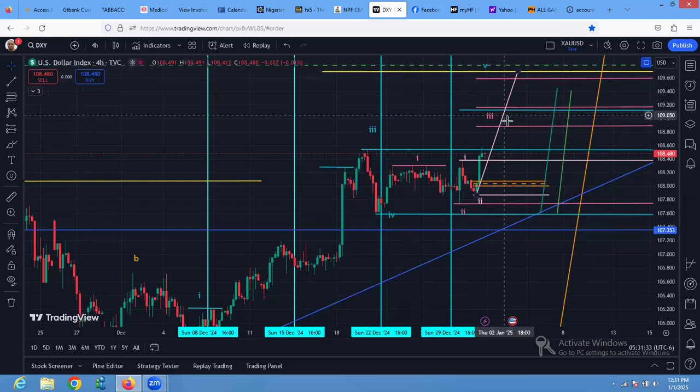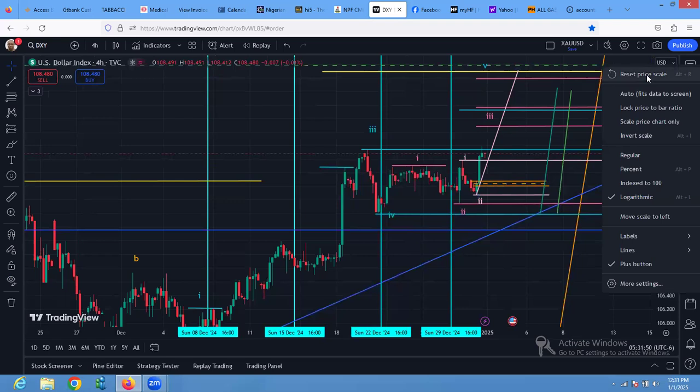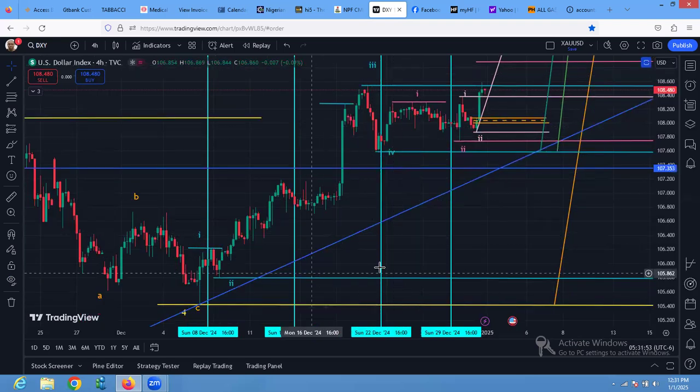We may be seeing some congestion around this area. Price may come to the downside, break low of here, then go low again, break this trend here, and without breaking this area.